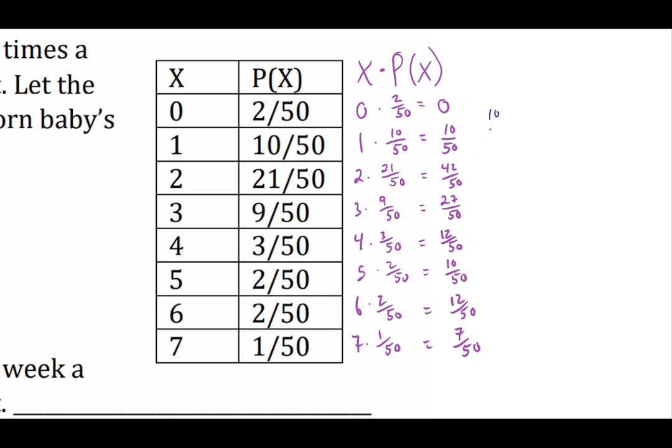Let's just write this out. 10 plus 42 is 52, plus 27 is 79, plus 12 is 91, plus 10 is 101, plus 12 is 113, plus 7 is 120 over 50.